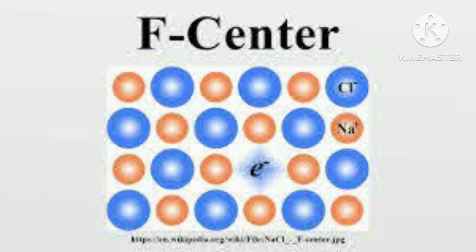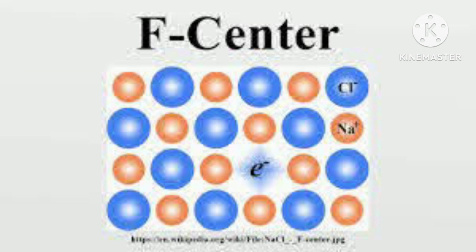Zn will also go to the interstitial sites, and electrons will also go to neighboring interstitial sites. Okay, this I have told you about the metal excess defect.